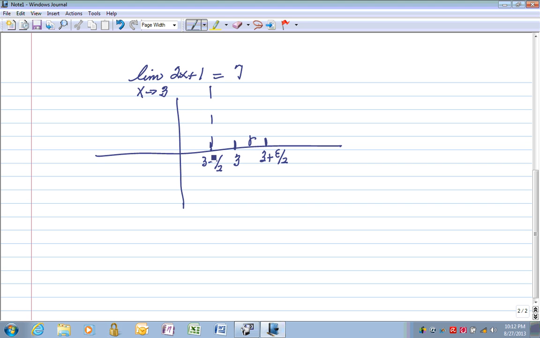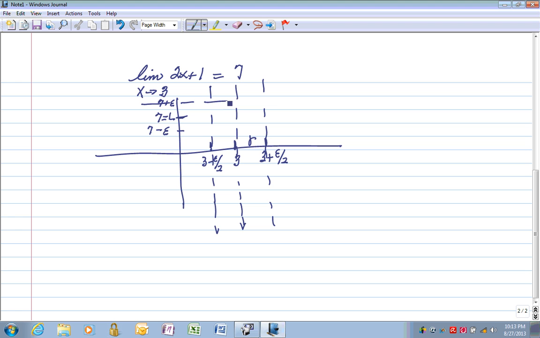In the definition I proved that 3 was deleted, so I'm not going into that explanation again. And here's my L at 7. This would be 7 plus epsilon. This would be 7 minus epsilon.